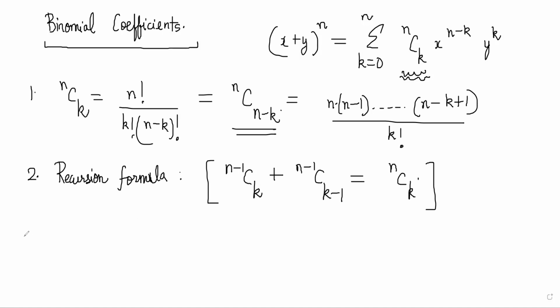That's pretty easy. Then the third property is unimodality. And here we talk about which binomial coefficient is largest.